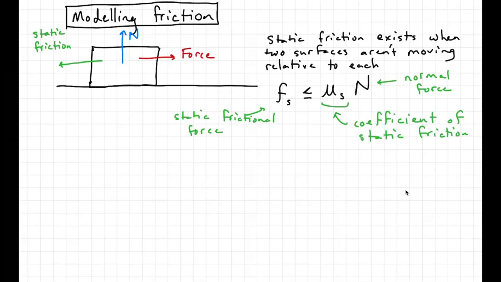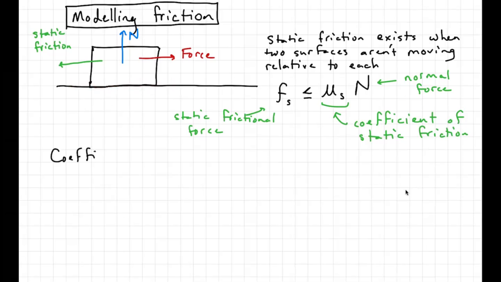So things that are smoother will probably have lower coefficients of friction. If there was water on this surface, probably the coefficient would be less. If there was oil, it would be even less, and so on. So that's a property of the two surfaces together, rather than a property of any particular material. It's a property of an interaction between materials. So I'll write that out.